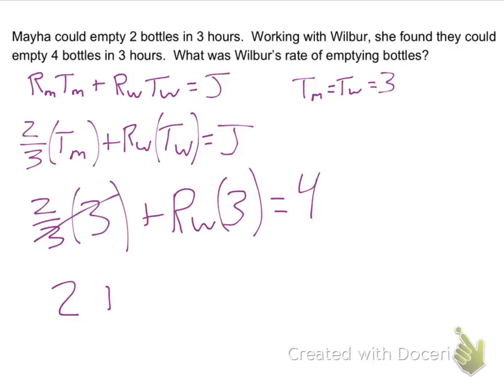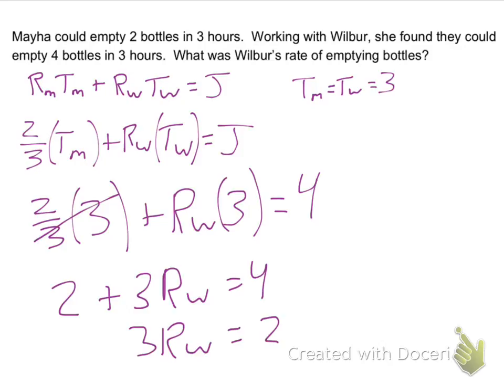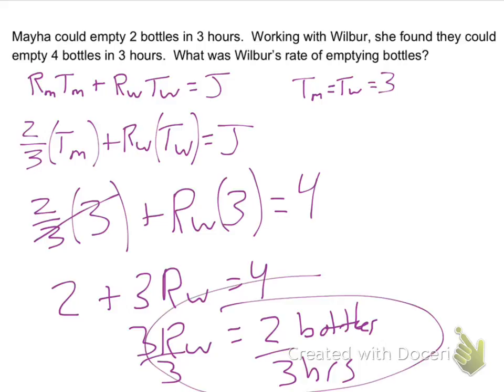They cancel. 2 plus 3 RW equals 4, or 3 RW equals 2. Divide both sides by 3. So Wilbur's rate is 2 bottles per 3 hours. Boom, Wilbur's rate.